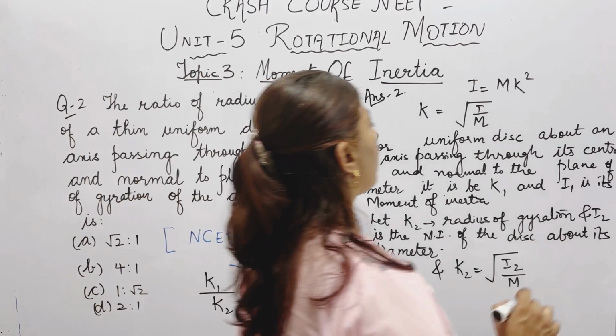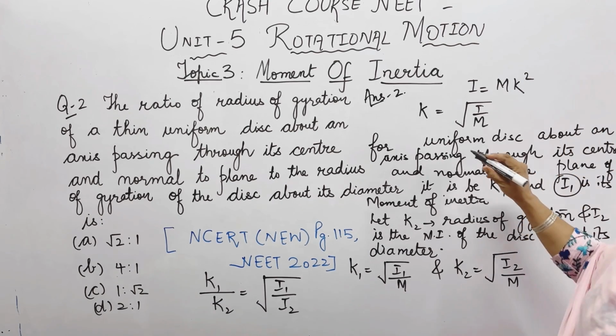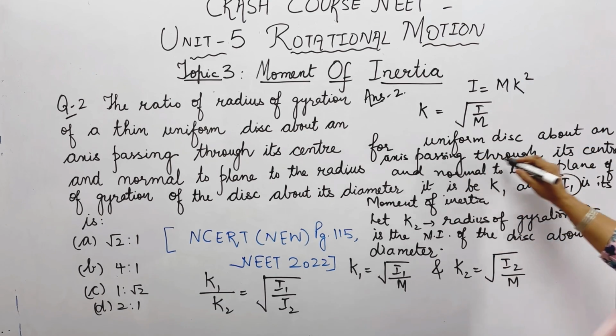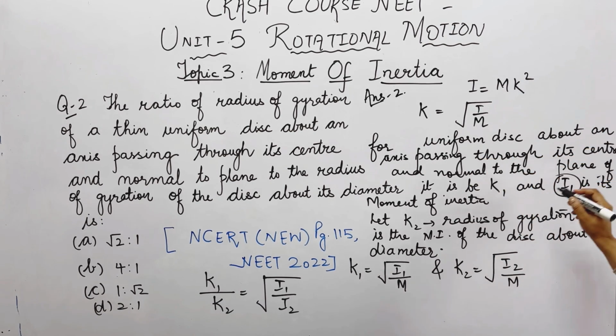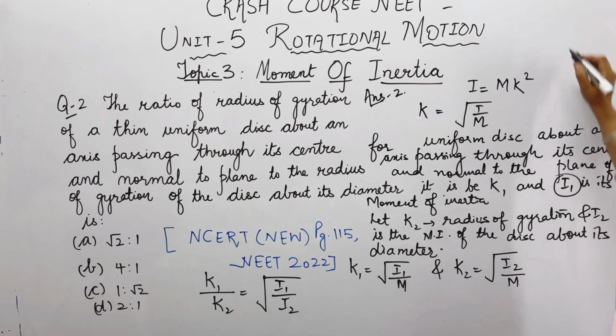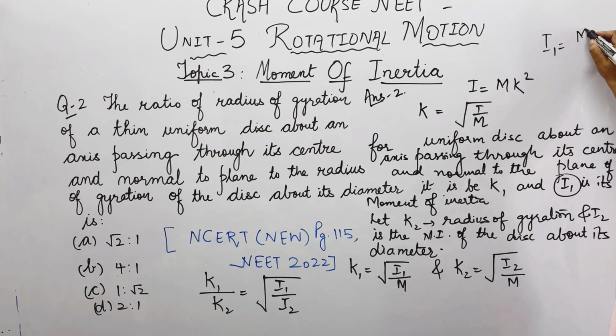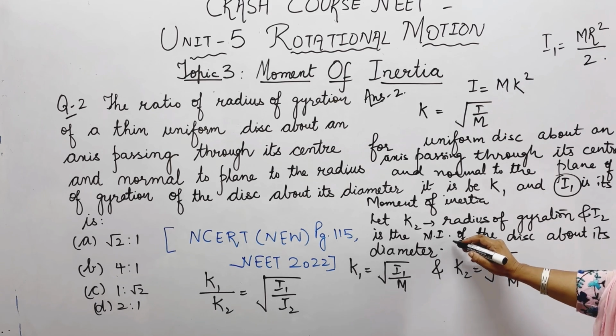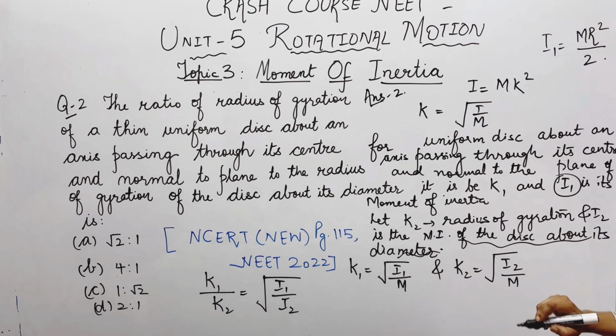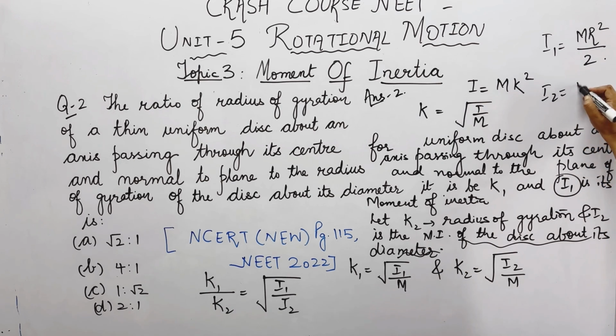For I1, when the uniform disk is about an axis passing through its center and normal to its plane, I1 is given by m r square by 2. And when the disk is about its diameter, I2 is given by m r square by 4.